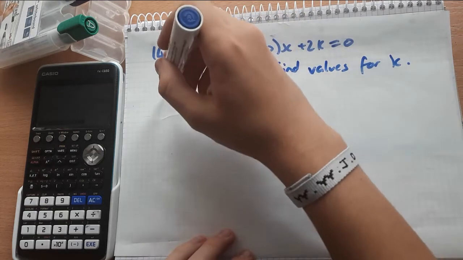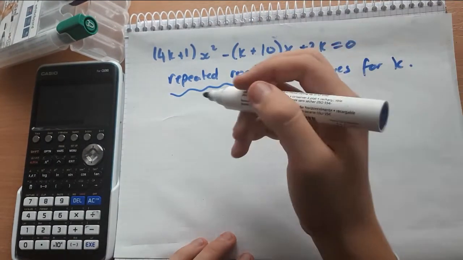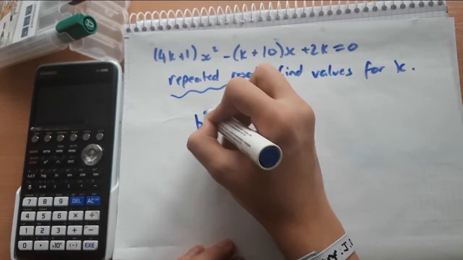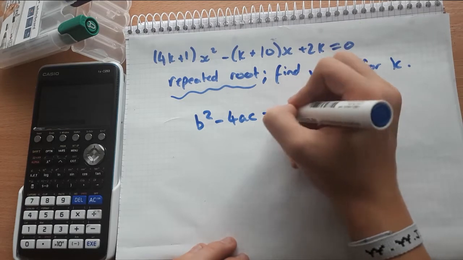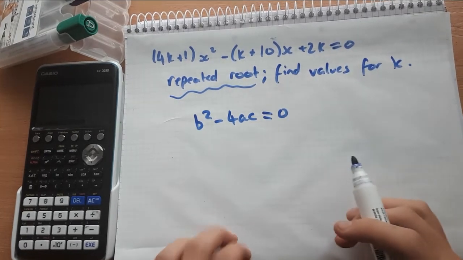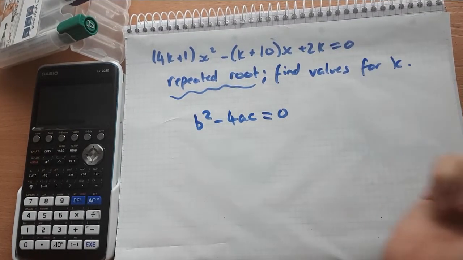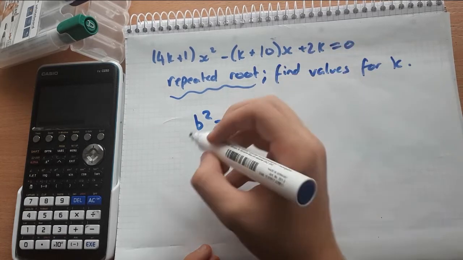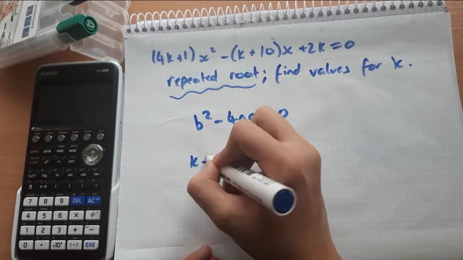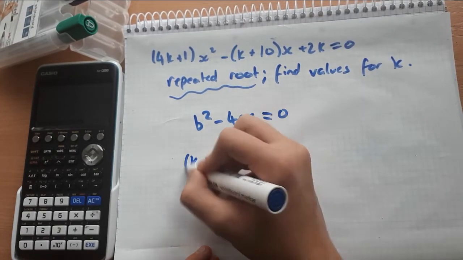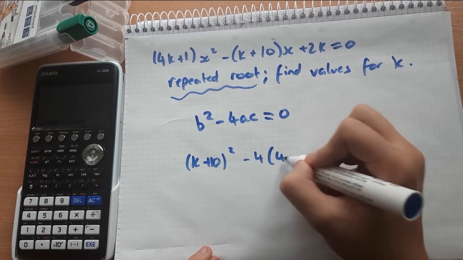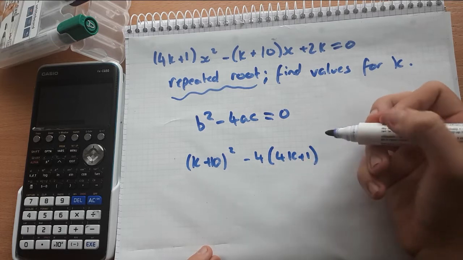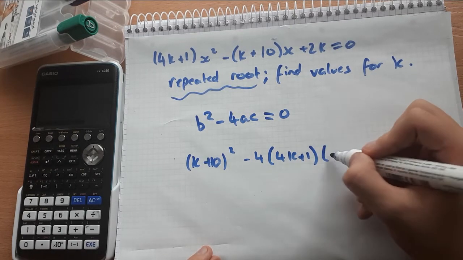If you see repeated root, that should automatically make you think b squared minus 4ac needs to equal 0. So we work out the discriminant of this by b squared, so that's (k plus 10) squared minus 4 times (4k plus 1) times c, which is 2k.